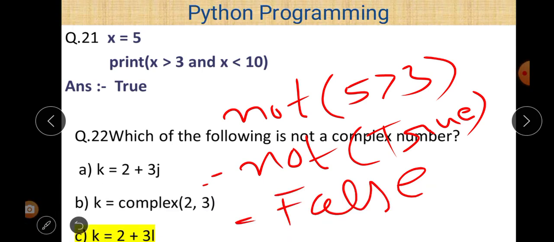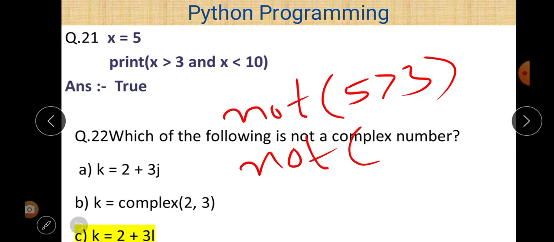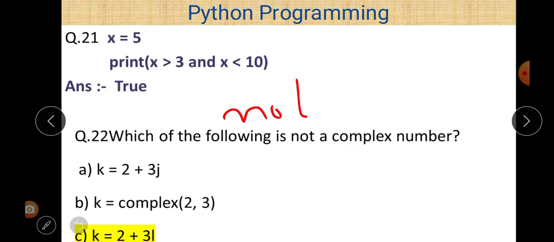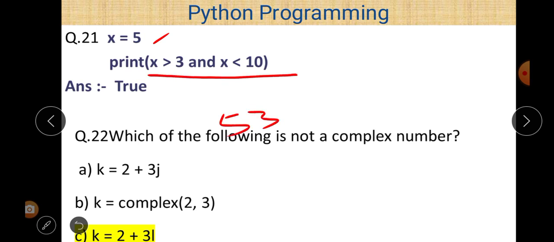Okay, now let us do this question. In this question you can easily see here that first expression is x equal to 5, so value of x is 5, and then see the comparison, 5 is greater than 3 is true.